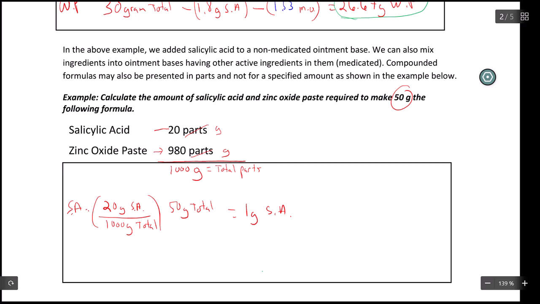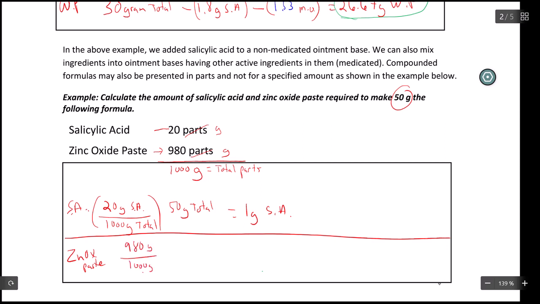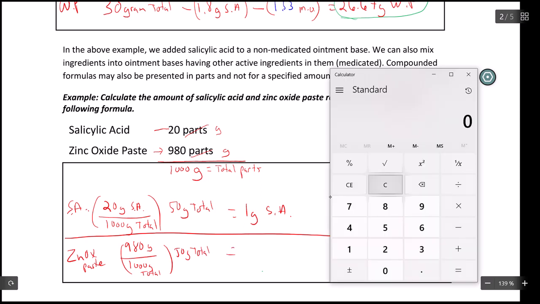The next one is the zinc oxide paste. What do I need? This says I need 980 grams every time I want to make 1,000 grams total. If I only want to make 50 grams total, what do I need?